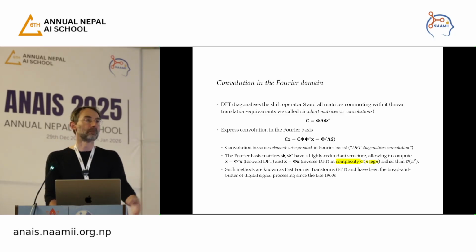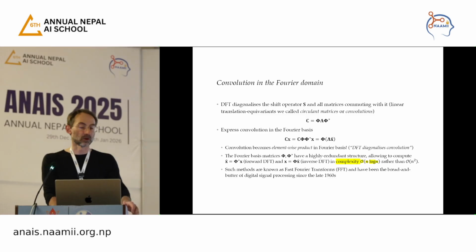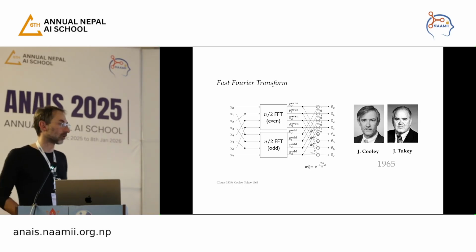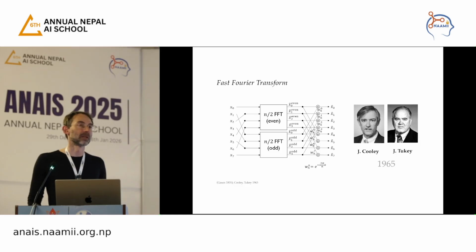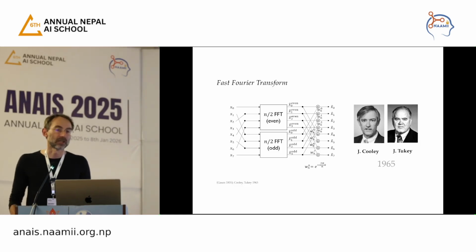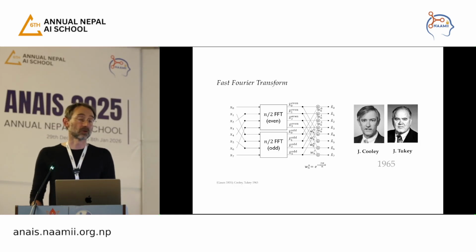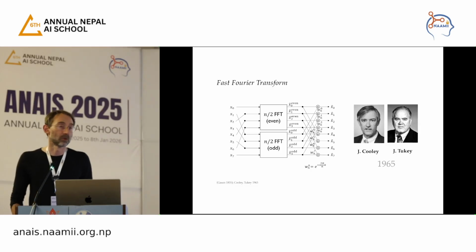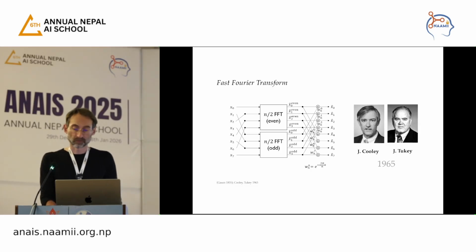There are many ways of doing it, and this class of algorithms is called the fast Fourier transform, or the FFT. Here's one example, the famous Cooley and Tukey algorithm from the 60s. This was the bread and butter, and still is the bread and butter, of signal processing. This is how you do filtering everywhere, in your iPhone, in everything.